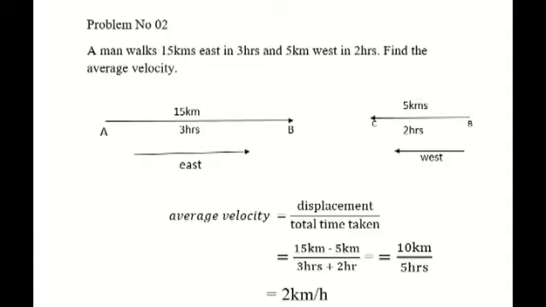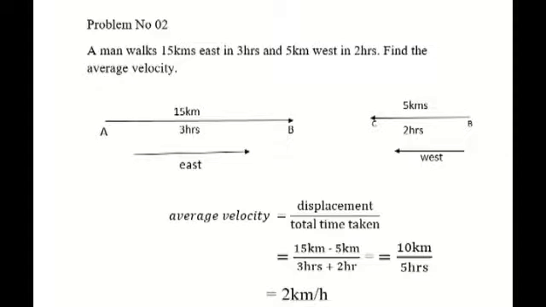Look at the next problem. A man walks 15 kilometers east in 3 hours and 5 kilometers west in 2 hours. Find the average velocity. Here, a man walks 15 kilometers in the east direction, and again he walks 5 kilometers in the west direction. Here the directions are opposite.